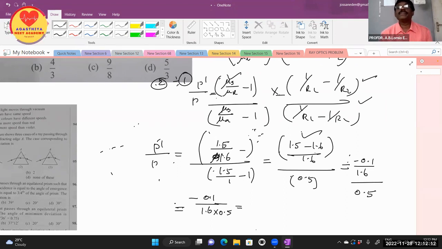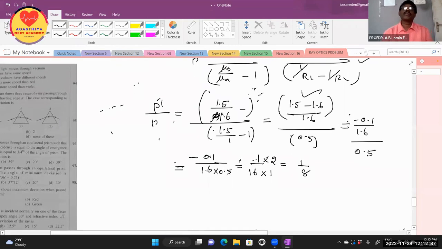Multiply by 10 and divide by 10. It becomes the numerator 1, the denominator 16. 0.5 means 1 by 2. Understand? This is 1 by 8. Any doubt? No, sir. Therefore, P dash is 1 by 8 into P.